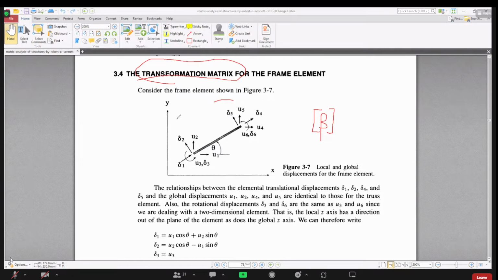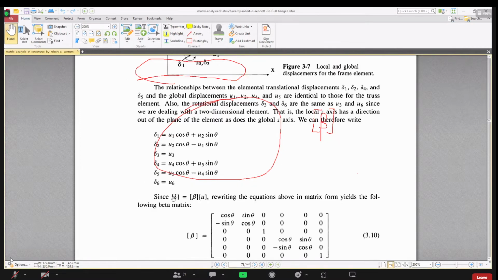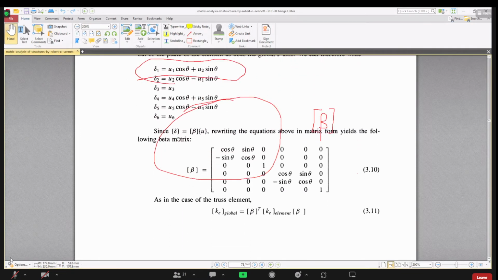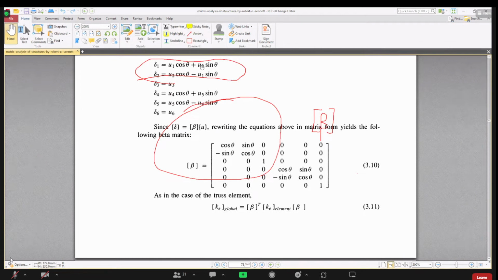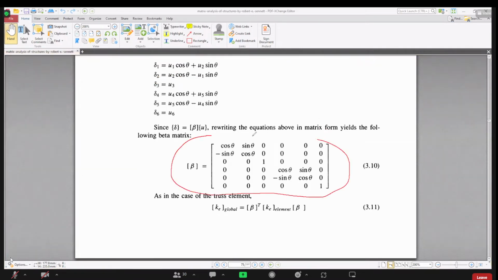Just like what we did for the trusses, we derive the beta matrix. We simply form a series of linear equations, and we can transform that into matrix form. This is the result for our beta matrix in terms of angle theta.